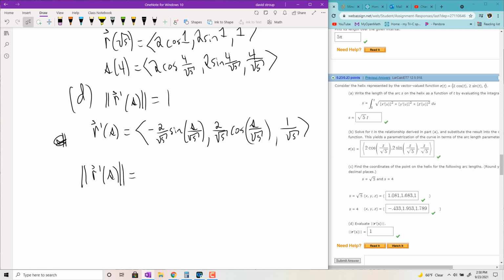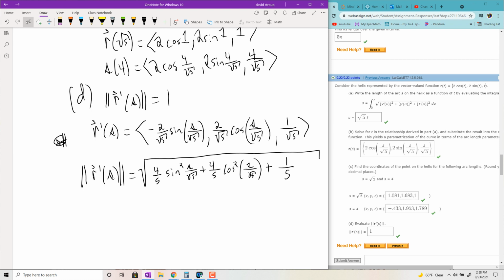The magnitude is going to be square root of, the first guy squared would be 4 over 5 sine squared of s over root 5, plus the next guy is 4 over 5 cosine squared of s over root 5. And the last guy is just 1 over 5.